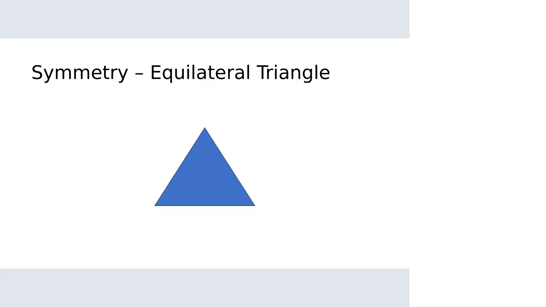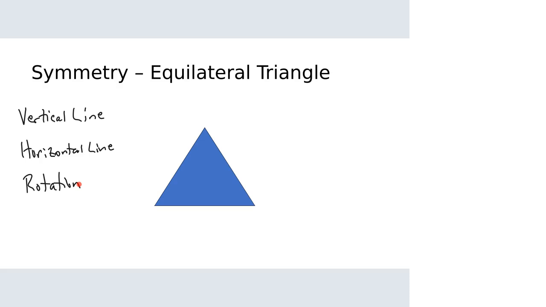So this equilateral triangle here, I'm not going to ask you about this one. We're going to look at this one together. And we are going to be concerned with those three different types of symmetry. Vertical line symmetry, horizontal line symmetry, and rotation symmetry.